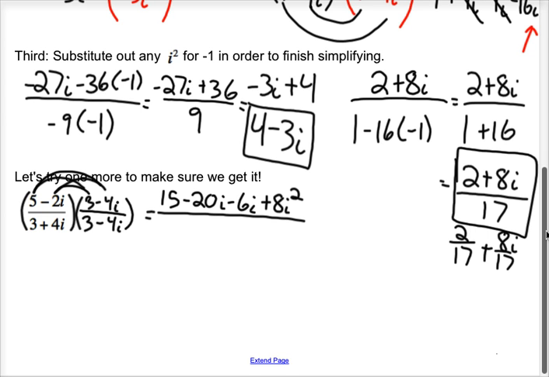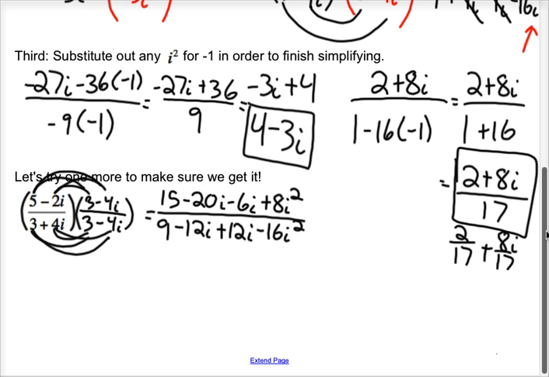And now we foil the bottom. 3 times 3 is 9. 3 times negative 4i is a minus 12i. 4i times 3 is a positive 12i. 4i times negative 4i is a negative 16i squared. All right, so I've FOILed it completely out.